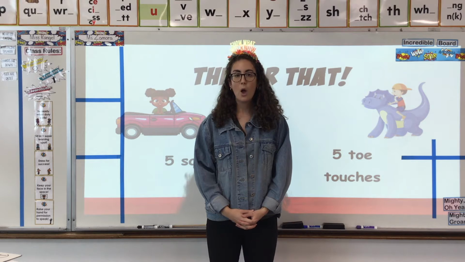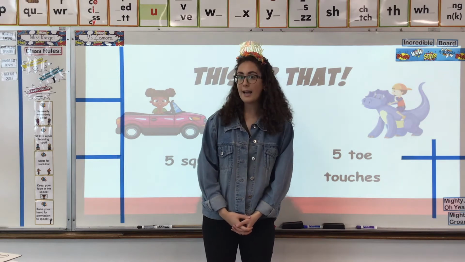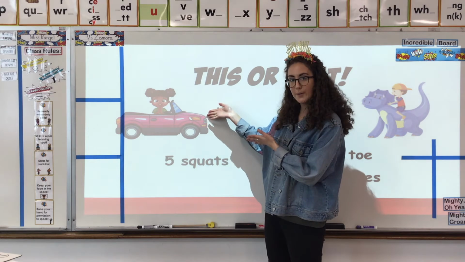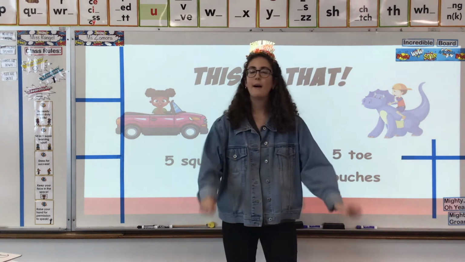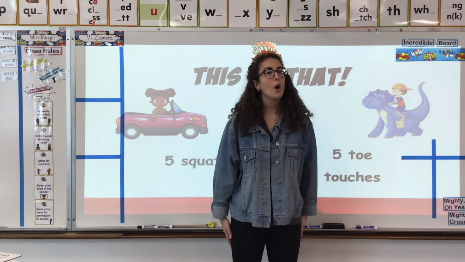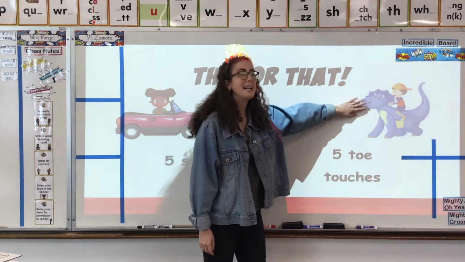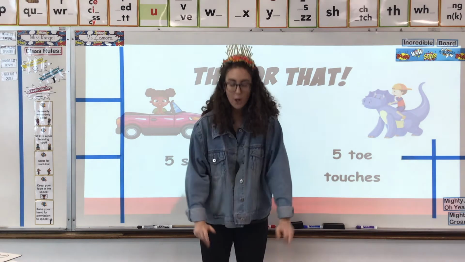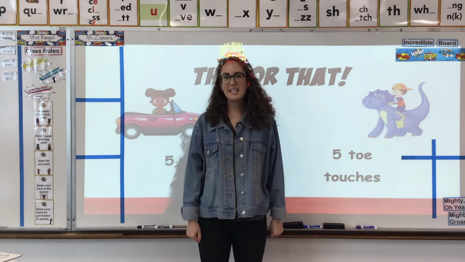So 2nd grade, would you rather ride a convertible car to school? If so, you're going to do 5 squats. Or would you rather ride a dinosaur to school? If so, you're going to do 5 toe touches. You got to take your pick.